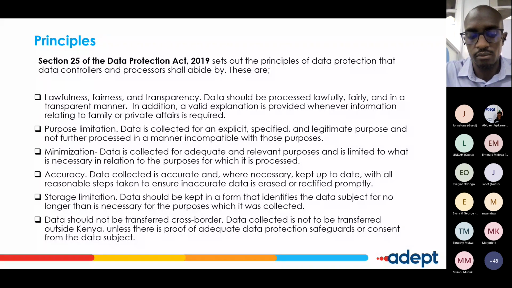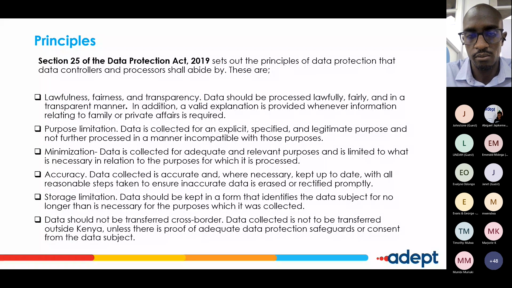Then they also have the obligation to process this data in accordance with the Act and conduct what we famously call data protection impact assessments. So if you're a company or a business that is looking forward to undertake a project that involves personal data, you're required to undertake a data protection impact assessment to weigh the risks that would be involved with processing of this data.